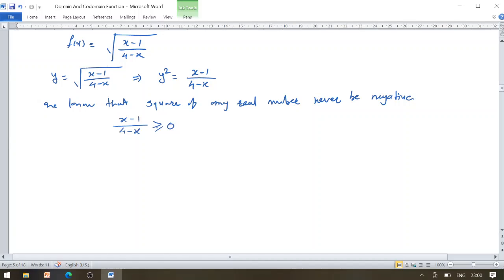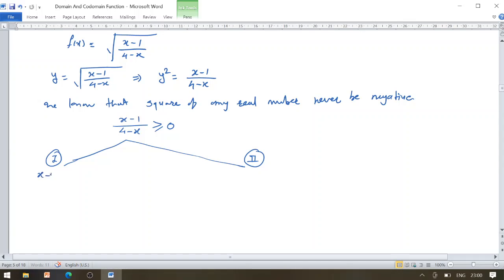So for that, again there are two possible cases. Look once here, the numerator is some function of variable x, while the denominator is some function of variable x. So there might be the possibility of the numerator being negative or positive. Same thing, the denominator may be negative or positive. Once the numerator and denominator both are positive, then overall the division results in a positive real.